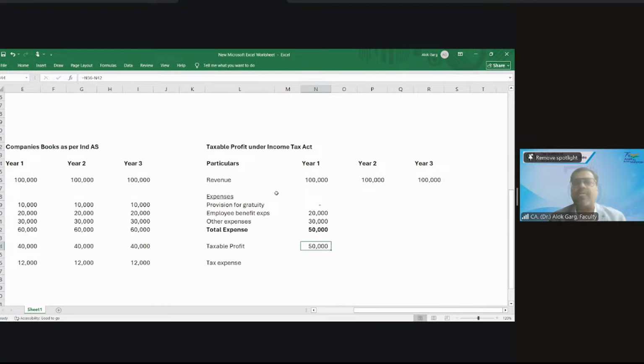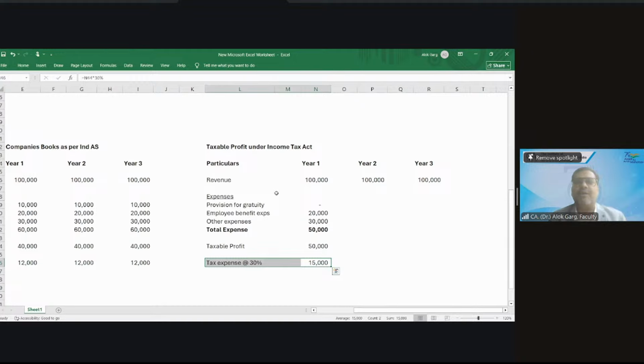Now tell me, if I need to pay advance tax, self-assessment tax, if I have to file income tax return and pay the taxes, what is my tax expense? What is my current tax? Tax expense at the rate 30%, right? You have to pay tax on your taxable income. 50,000 multiplied by 30%, 15,000. 15,000 is my tax expense.